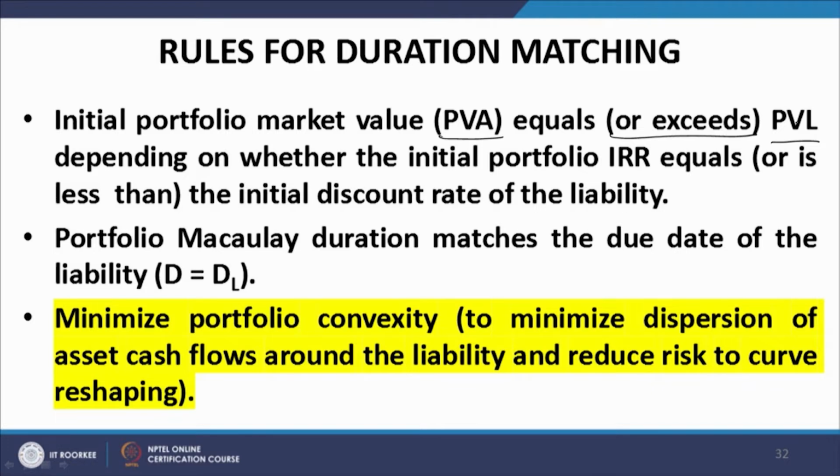Minimize portfolio convexity to minimize dispersion, so that if there is a non-parallel shift in interest rates, it is not heavily detrimental to our strategy and does not completely fail in the event of a steepening, a curvature change, or a twist of the yield curve, not the yield price curve.